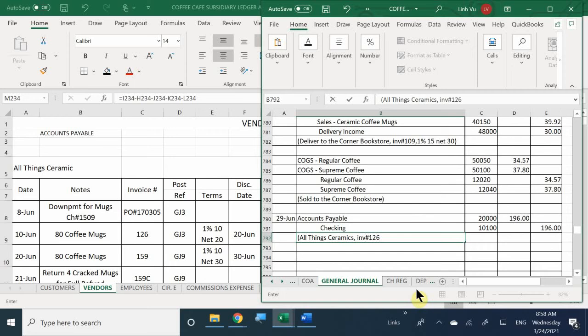Yes, 126. Check number 1531. All right. Boom. Okay. So what's next? Ledger. Ledger. Good.